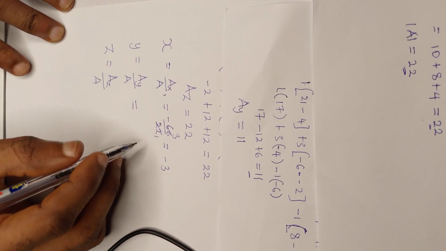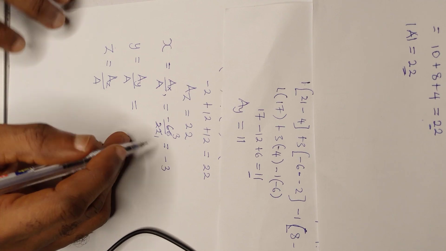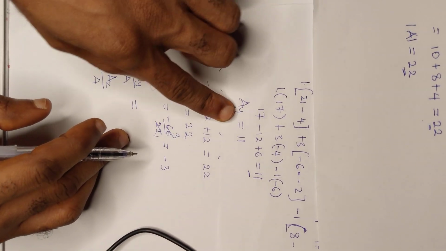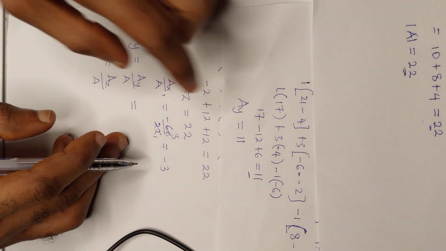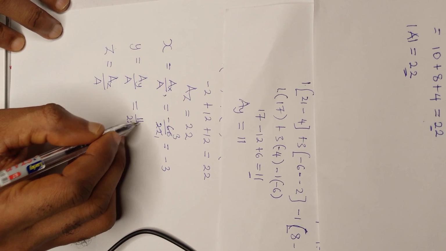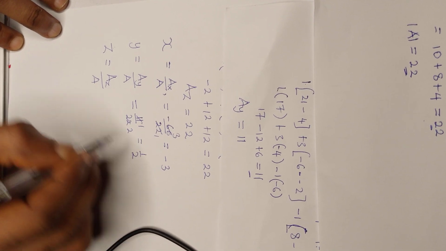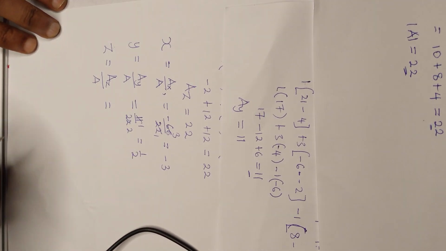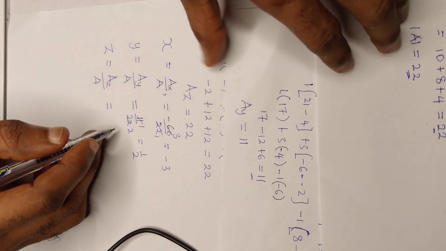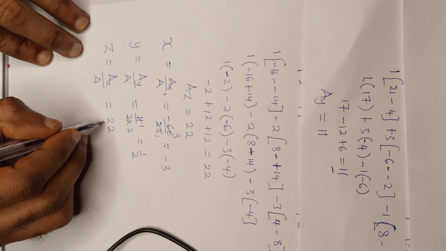So our determinant for y, what was the value? Okay, we have it here. The determinant for y is 11 and our A is 22. So 11 here 1, 11 here 2. So we have 1 over 2. And then our determinant for z was the value 22. See it here.